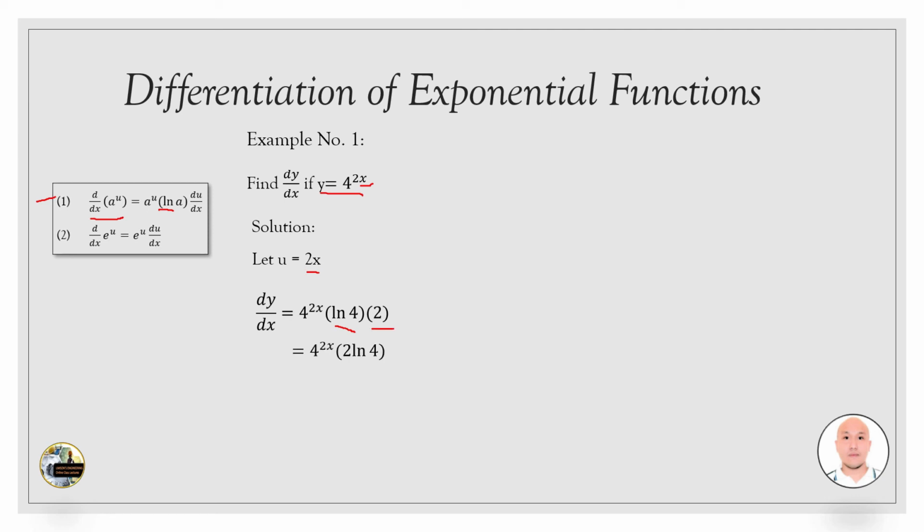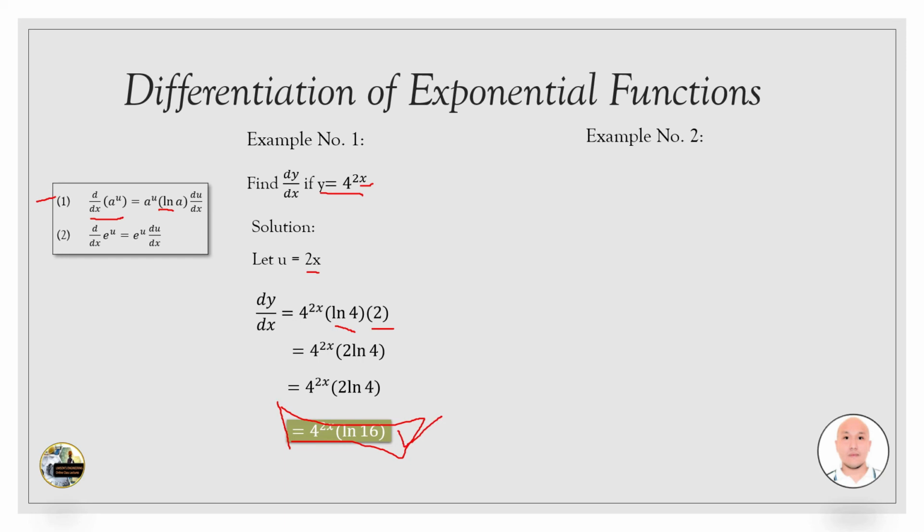So this equals 2 ln 4 times 4 raised to 2x, and our final answer here is 4 raised to 2x times ln 16. So 2 ln 4 is equal to ln 4 squared, and 4 squared is equal to 16. This is our final answer.